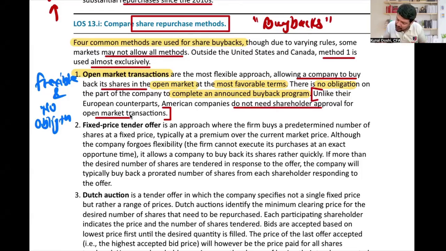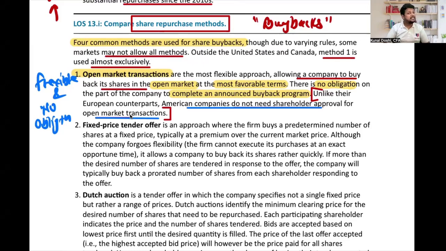In other parts of the world, unlike their European counterparts, American counterparts do not require shareholder approval. So yes, I might have misspoken myself. So here there is no shareholder approval required. I can announce the buyback and do the buyback as much as I want, at whatever price shareholders are willing to offload.